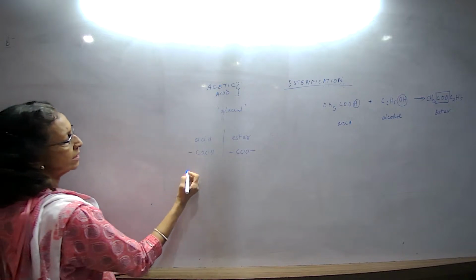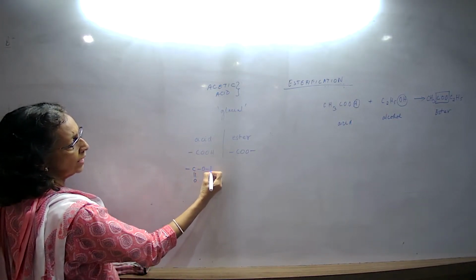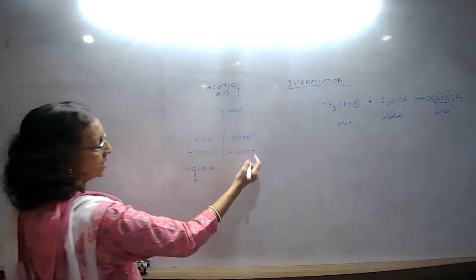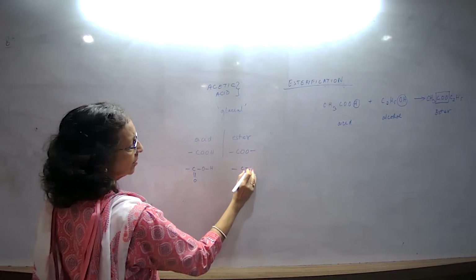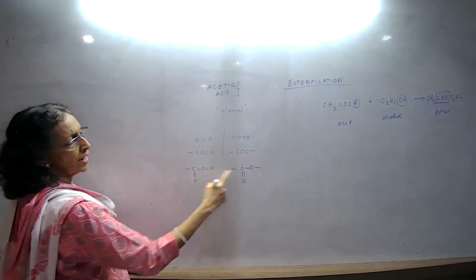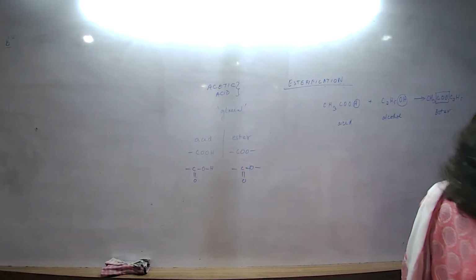You will write the acid as C double bond O and an OH. How will you write an ester? It is very similar: COO without this H, there is another group, and this group is your C2H5, which we call R dash.